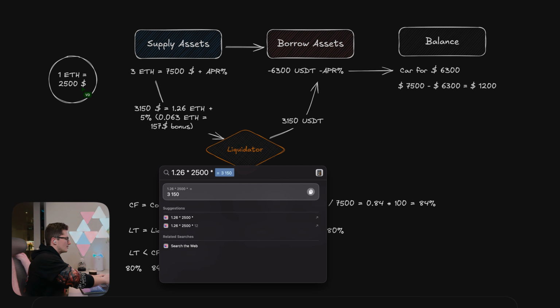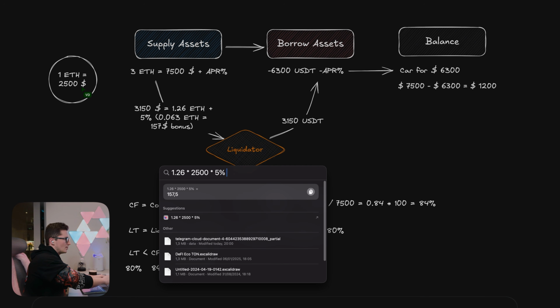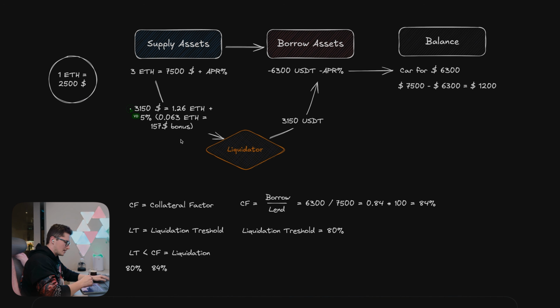So that's the total amount which the liquidator takes from your position: $3,150 and $157 going to the liquidator's account. I think this is also pretty easy. If you don't get it, just repeat, or ask questions in the comments.